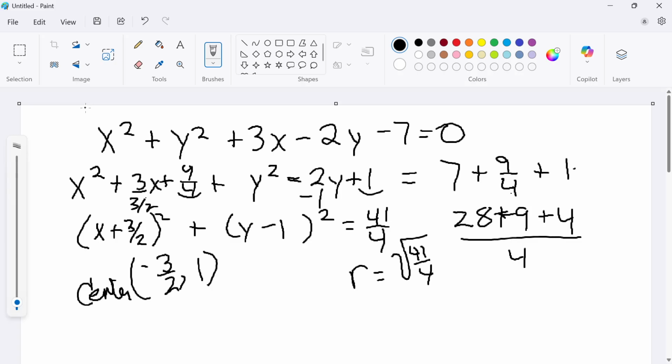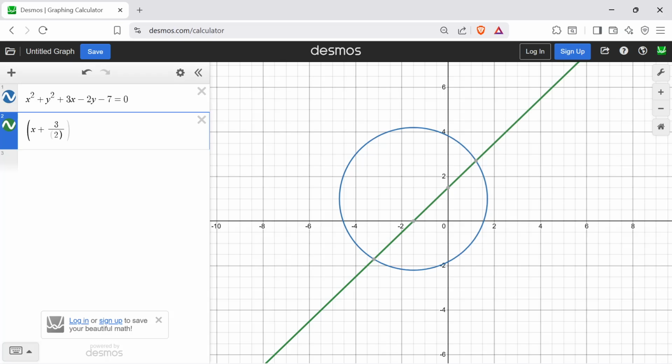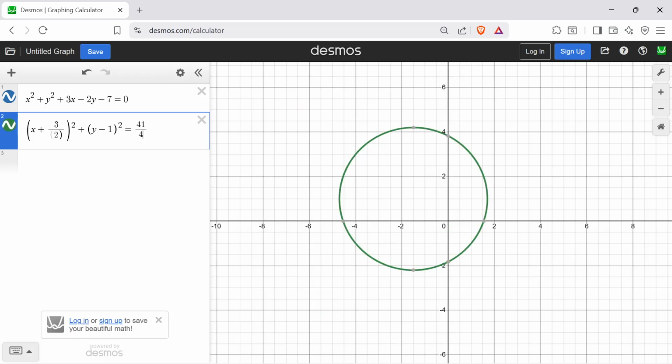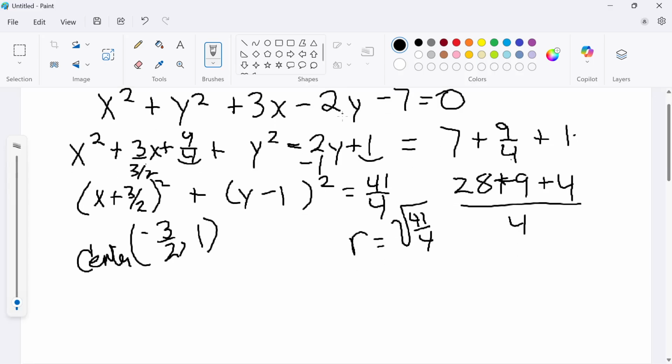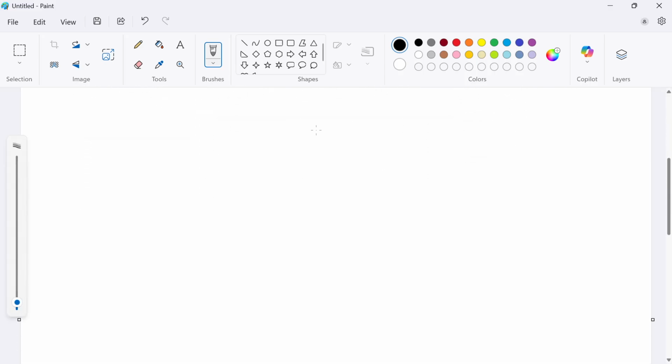And I will put my equation, x plus 3 halves squared plus, I think it was, y minus 1 squared equals, what was this, 41 fourths. Same equation, see? So I completed the square. All right, so that's a pretty simple one, other than I had a fraction to deal with. But sometimes they get a little more complicated.